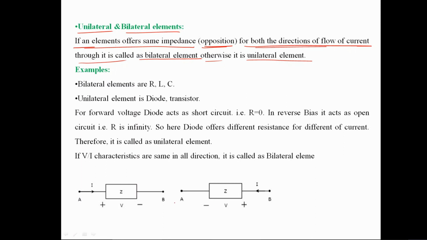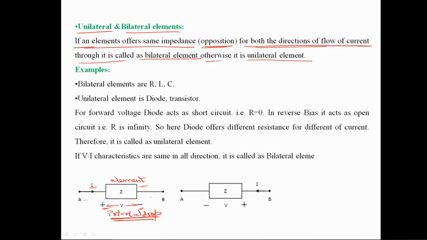Look at this diagram here. Suppose this box is an element, and a current I is allowed to pass from A to B. It offers a voltage potential difference, there will be a potential drop due to this element.